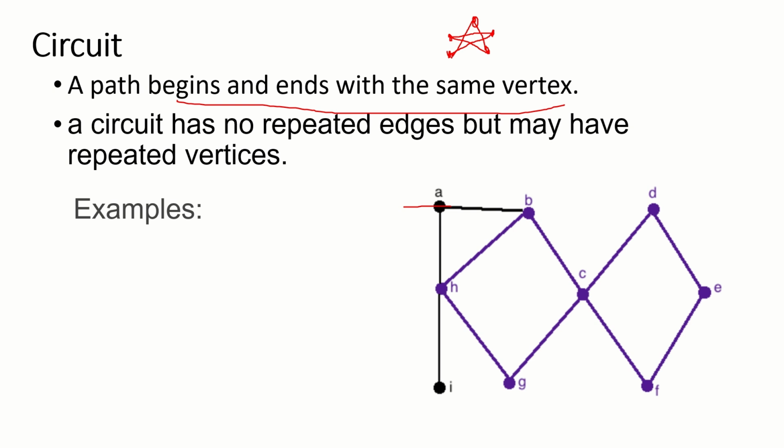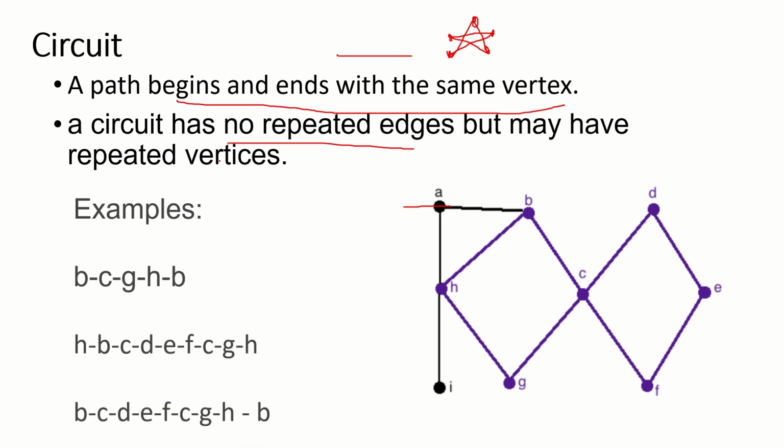A circuit has no repeated edges. Take note of this, but it may have repeated vertices. So for example, consider this one. We have this circuit. A circuit, for example on this one, is this part. We have B, C. So this is the first one, BC.